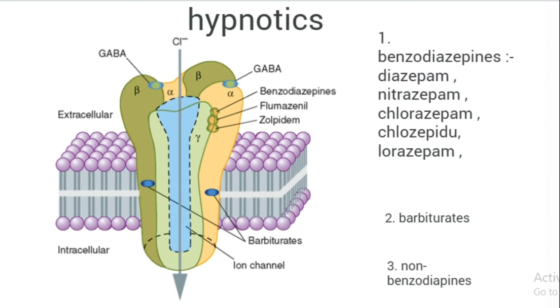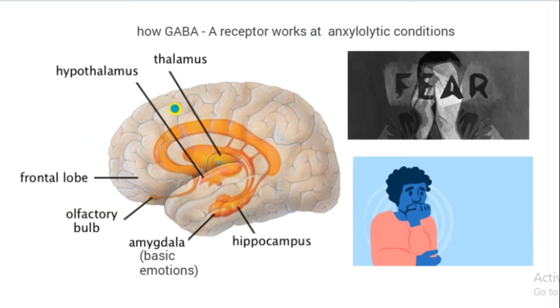And we talk about the limbic system. Here we can see this is our limbic system and this is the amygdala, one of the main parts in the limbic system.